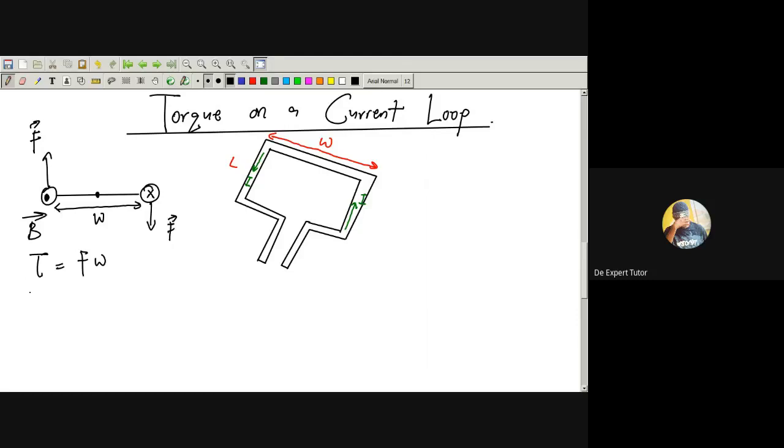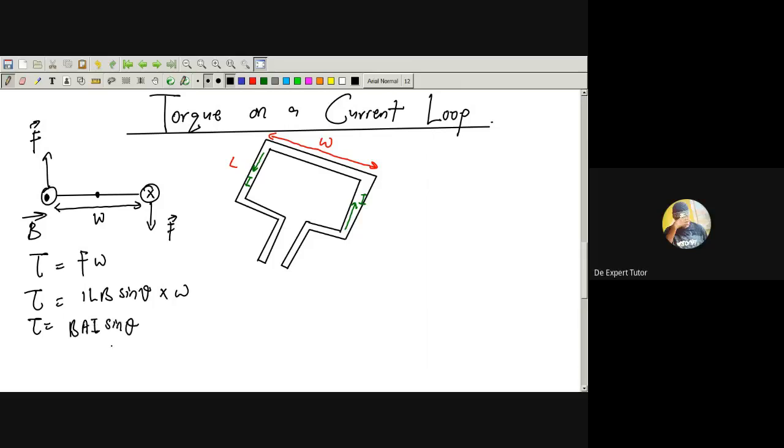Don't forget, how do we find force? We say ILB sine theta. Then we multiply this by the width W. And torque equals what? Length times width will give me the area, right? So torque equals BAI sine theta, where I is the current.